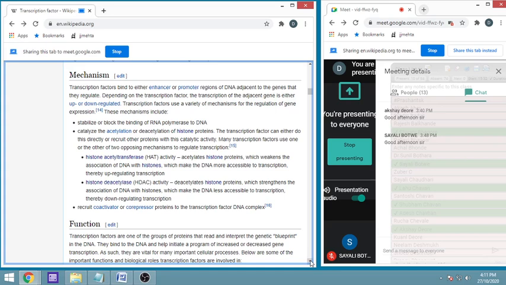Anything which causes promotion of acetylation causes increase in the expression. Those which are causing the decrease, or antagonizing these histone acetyl transferases or blocking them, then they are causing what?